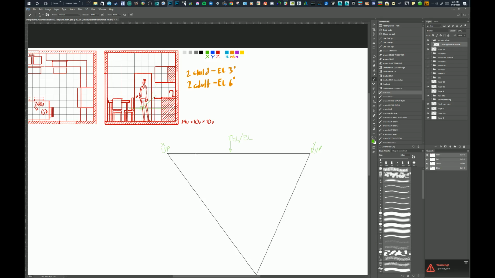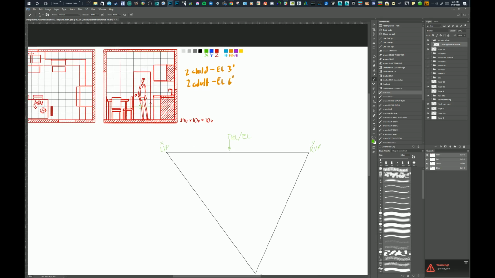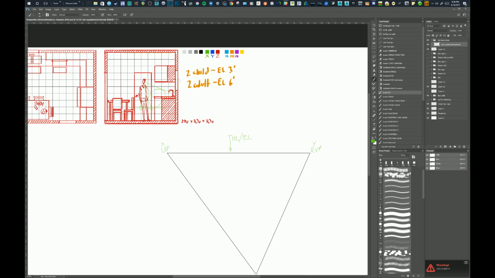So if I am looking up, I will probably no longer see the floor. And if I am looking down, I will no longer see the ceiling, right? If I'm a 6 foot tall person and I'm looking down, I will definitely not see the ceiling. So if this is our cone of vision, anything that's outside of here, I will not see.